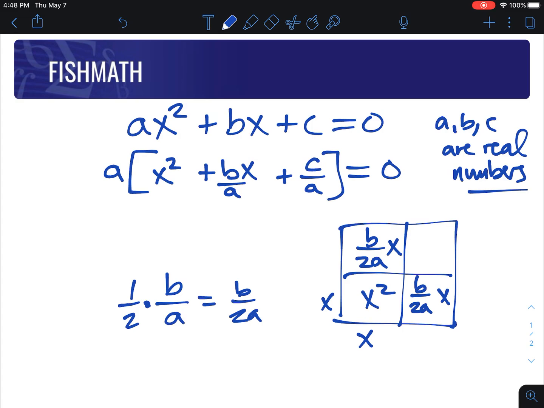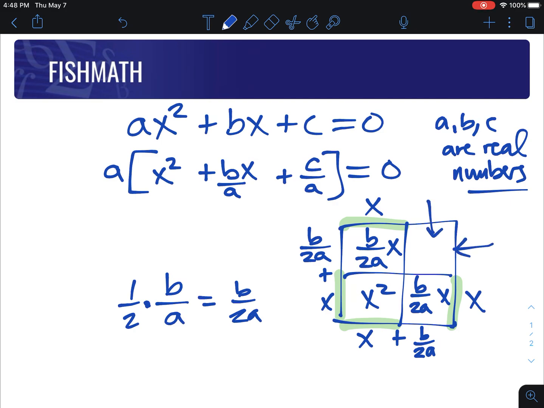To get this b over 2a x area, this has to be x, because down here this is x, this is x, this is x, this is x. So x times something is b over 2a x. Well, that's b over 2a. So we figured out our side lengths here, and now we can complete the square.